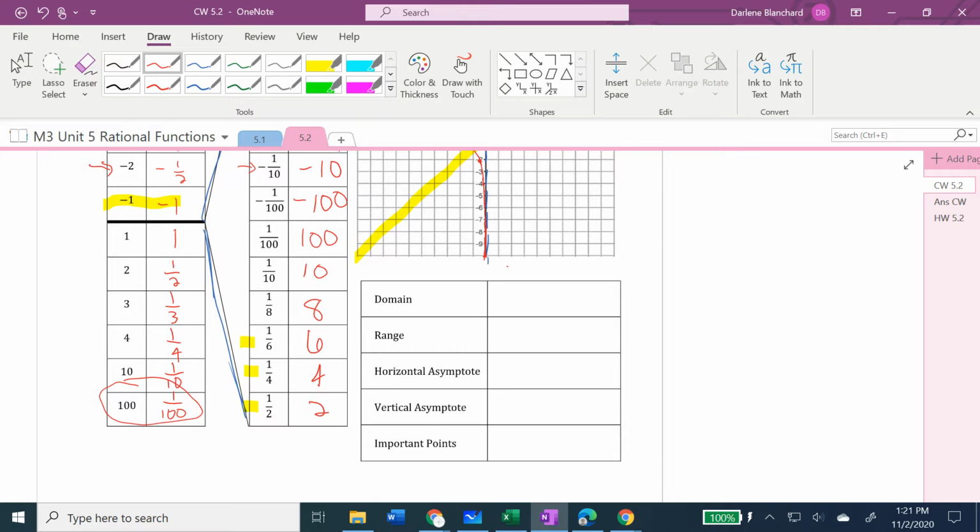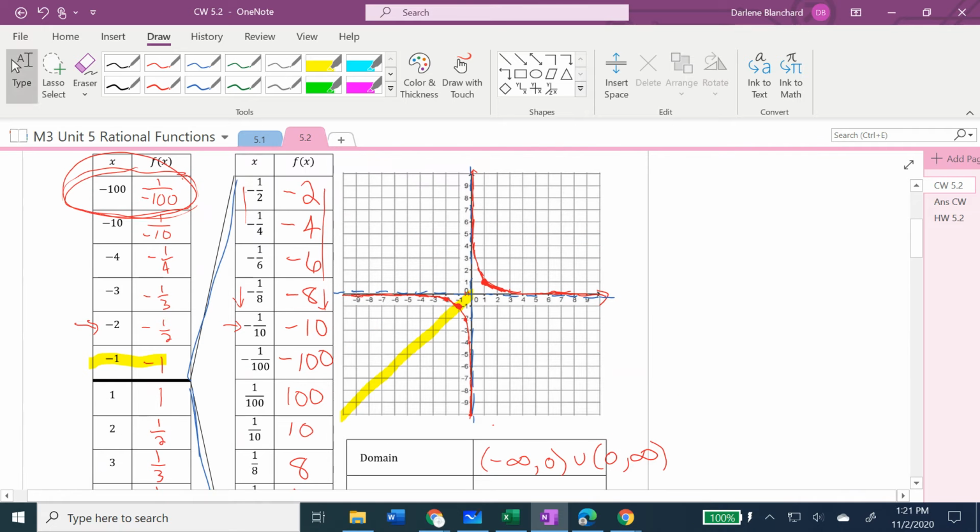So the domain is all real numbers except for 0, and the way you're going to write it is to put the two continuous intervals on either side of the asymptote. And what is the range? Where does it exist vertically? Do you see it's exactly the same for the range?